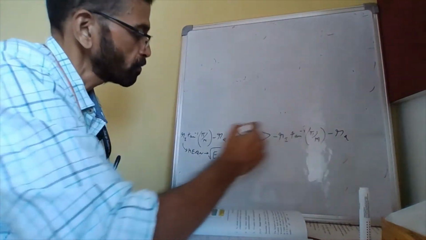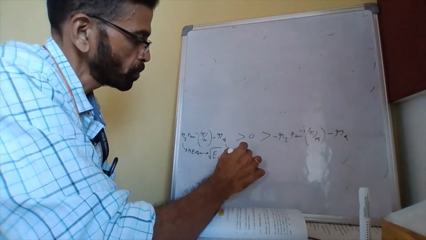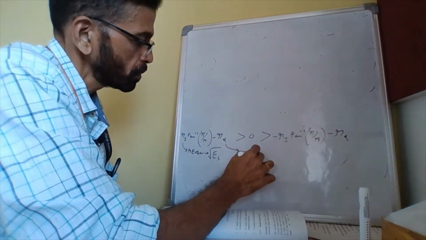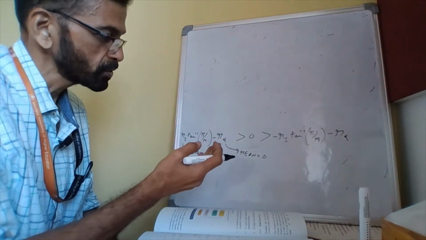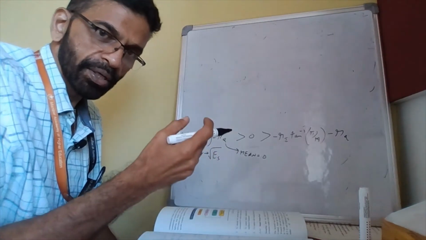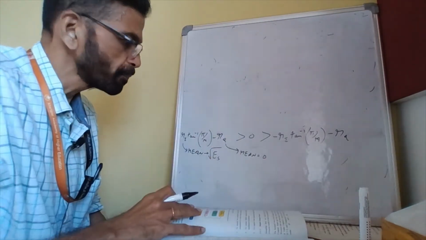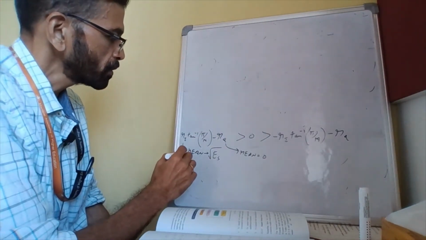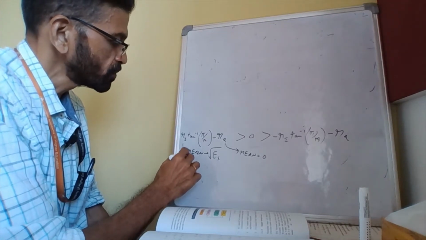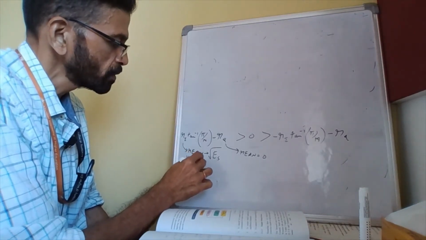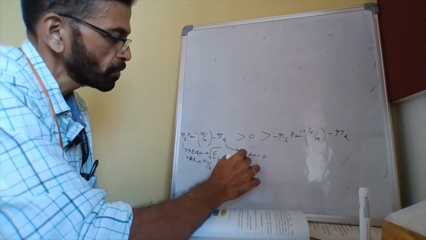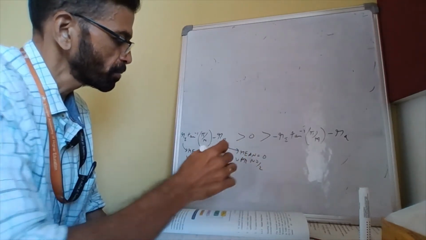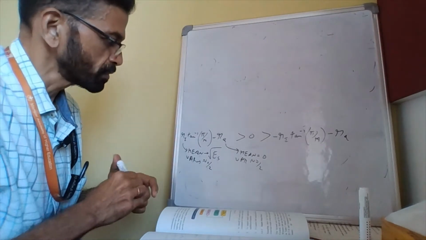And the mean of Rq is 0, because again S naught t's coordinates were root Es and 0, and variance n naught by 2, variance n naught by 2, and they are Gaussian.